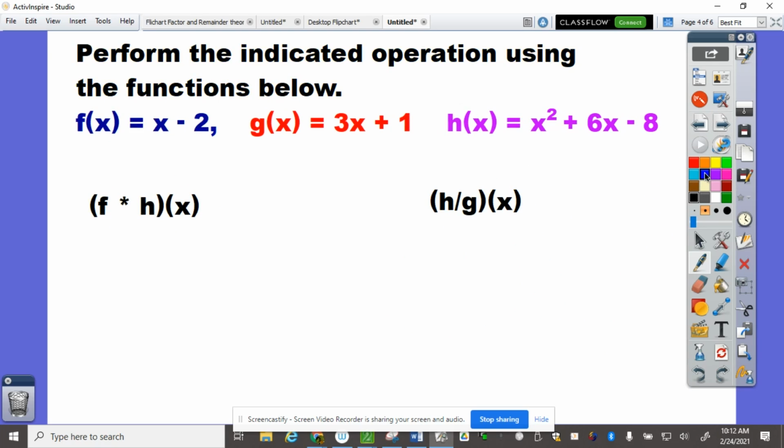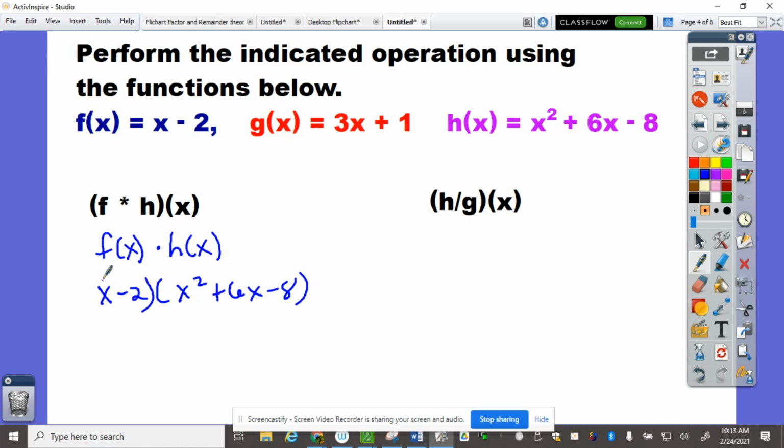Next, what if you're multiplying? f of x times h of x will be multiplied. My f of x here is x minus 2. My h here is x squared plus 6x minus 8. Don't forget that you can distribute the x to all of them there. That will give us x cubed plus 6x squared minus 8x.